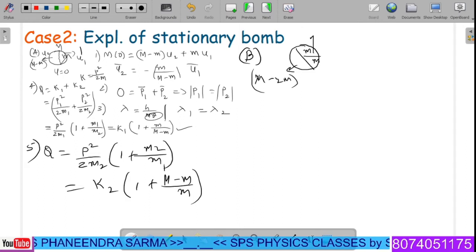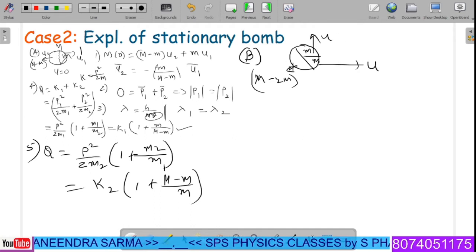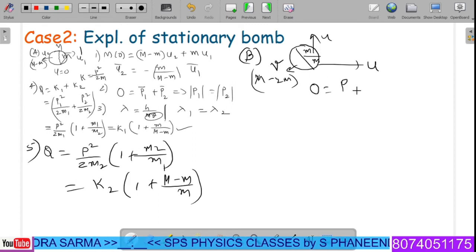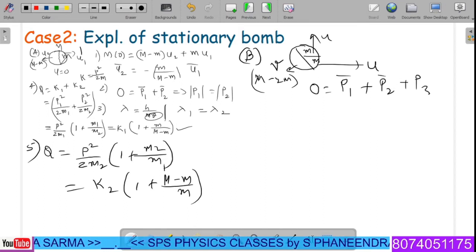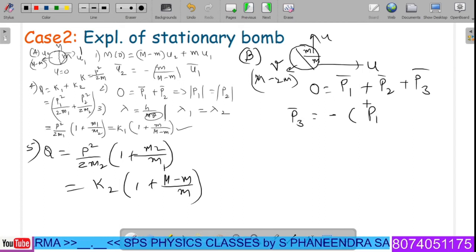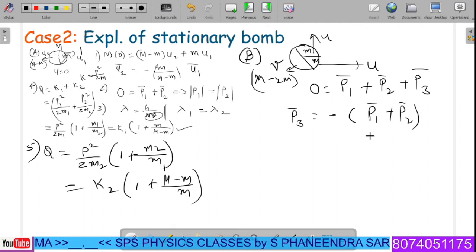These two particles are moving perpendicular to each other with speed u, and the speed of the third segment is v in the problem. Now, according to the law of conservation of linear momentum, since the bomb is initially at rest, 0 is equal to P1 bar plus P2 bar plus P3 bar. Upon considering, P3 bar is equal to minus of P1 bar plus P2 bar.